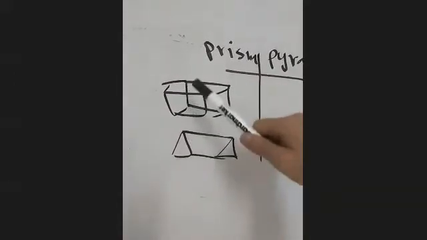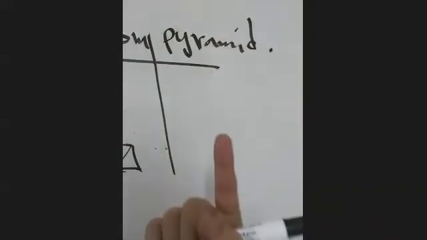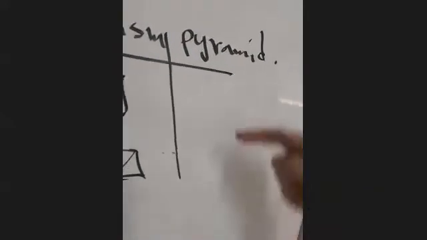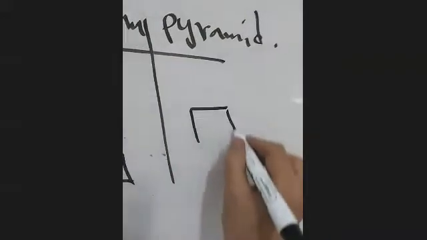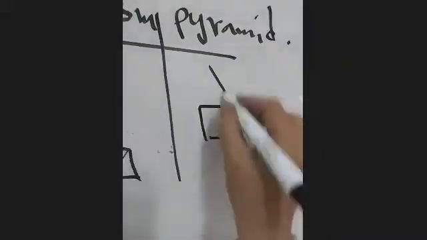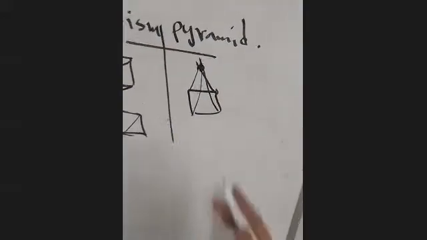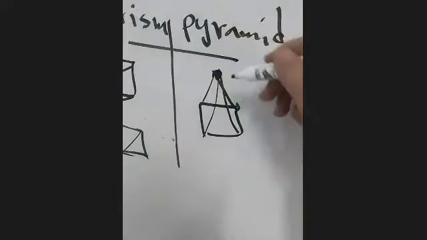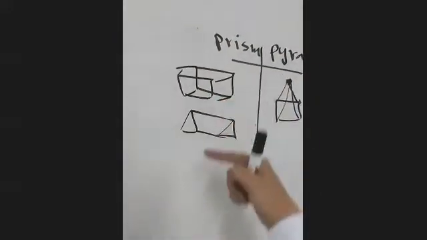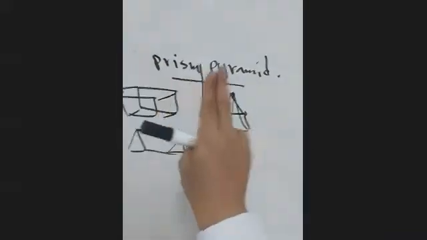But in the pyramid, we have 1 base and the sides are triangles, like a square pyramid, for example. We have only 1 base, guys, and the sides all are triangles. Here, the sides all are rectangles. We have a difference between prism and pyramid.